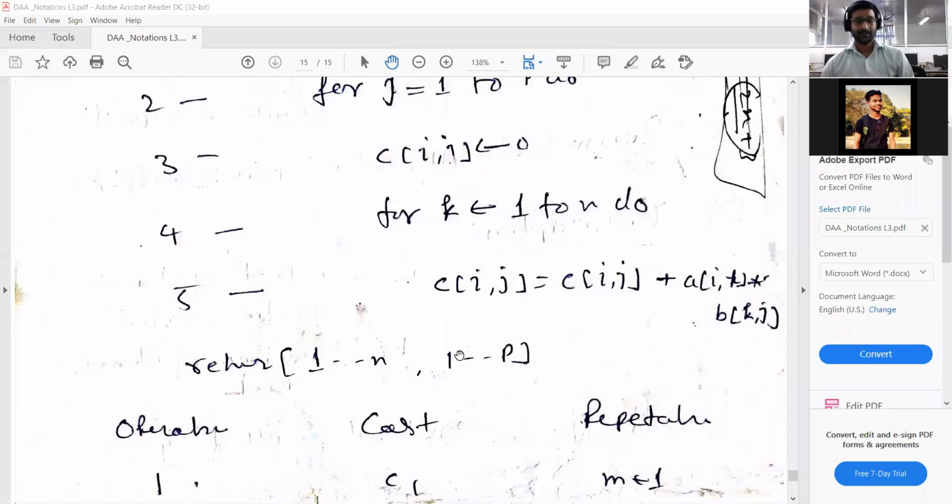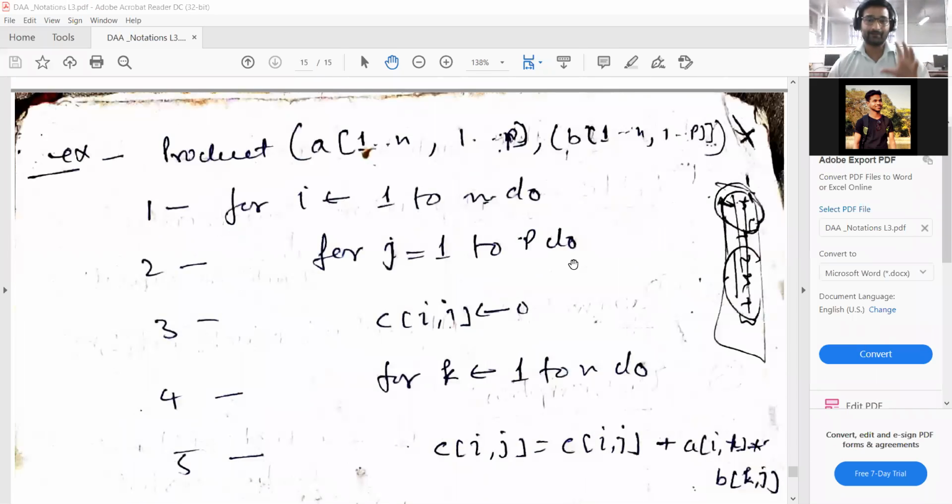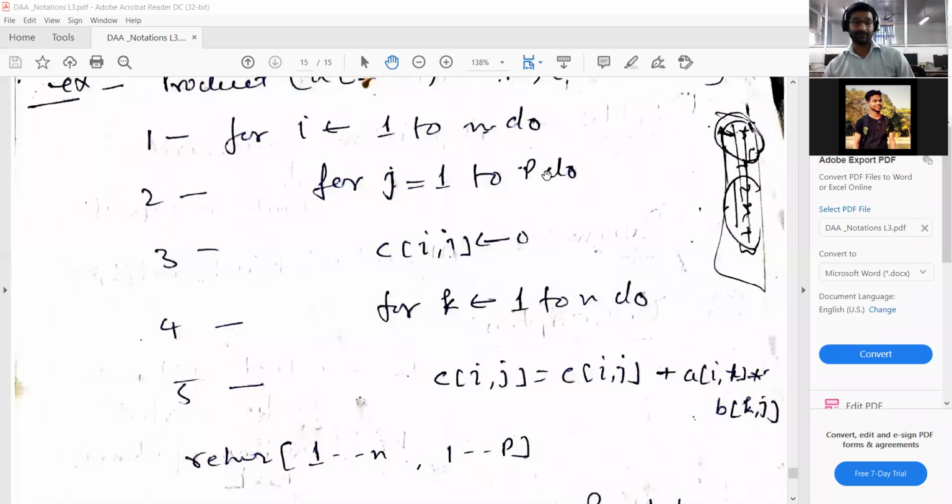Then return. So if you are trying to find out the complexity of this algorithm, you must know, as it consists of 5 instructions, if you have the idea about how much time one instruction is taking, you can sum all the time taken by the individual instructions, and the total time summed up will give you the total time complexity of the algorithm.